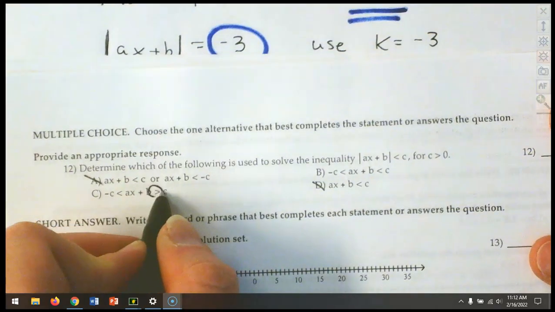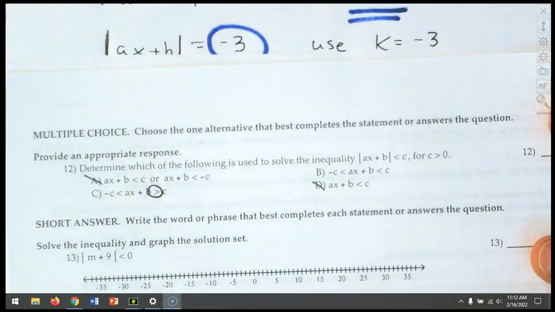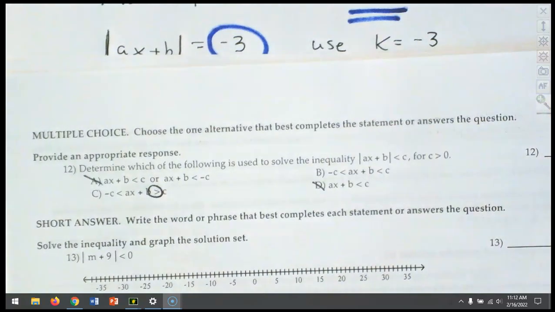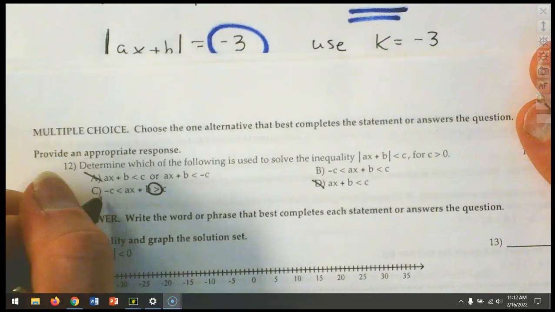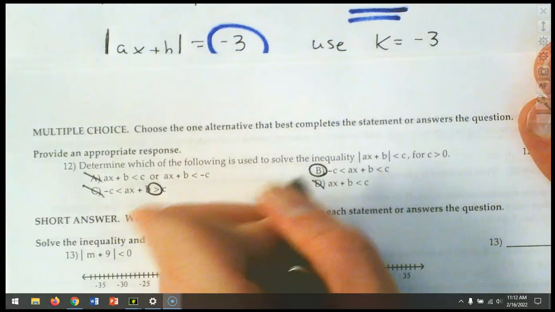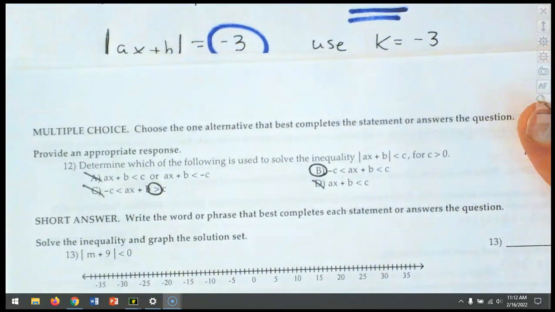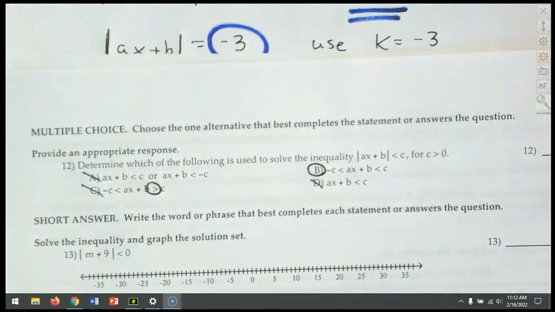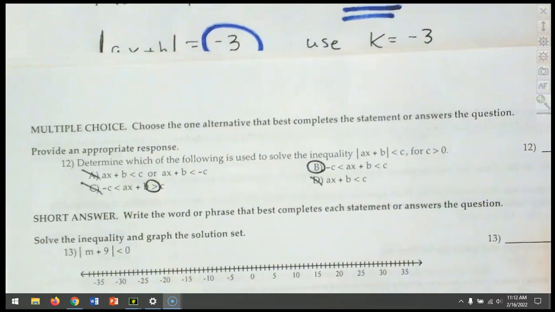This one's not going to work because they all need to go to the right. When you look from left to right, they need to all open to the right. So this is not going to work. So which one is it going to have to be? Has to be B. You're going to do the exact same procedure for 14. So 12, your answer is going to be B.